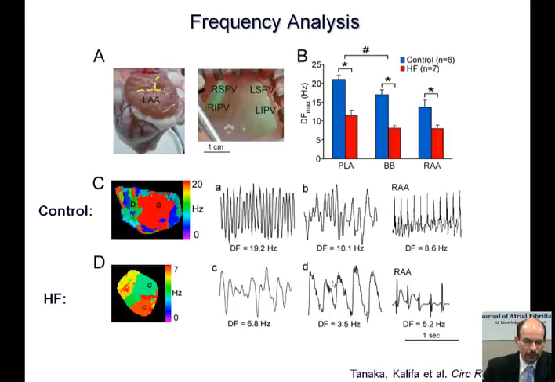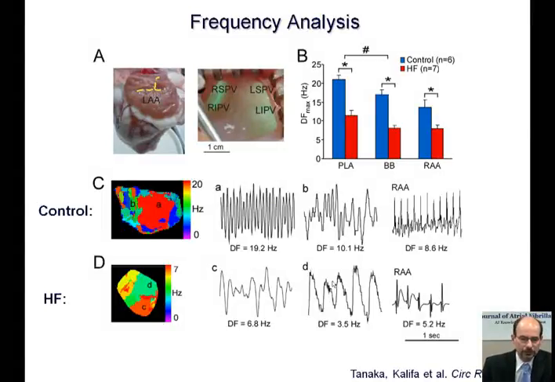The frequency was significantly lower in heart failure as compared to control, but nevertheless was faster than the Bachmann's bundle and the right atrial appendage, indicating that in both cases, the posterior left atrium is probably the site most likely to harbor drivers that maintain atrial fibrillation.